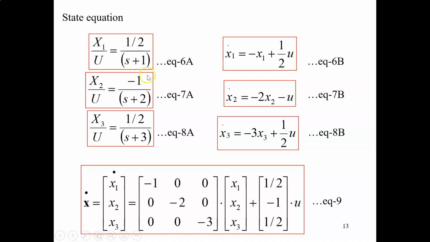Second one, minus 1 times u, that's minus u there. x2 times s gives me x2 dot. x2 times 2 gives me 2x2. But if I move to the right hand side, that gives me minus 2x2. Same for the third one.